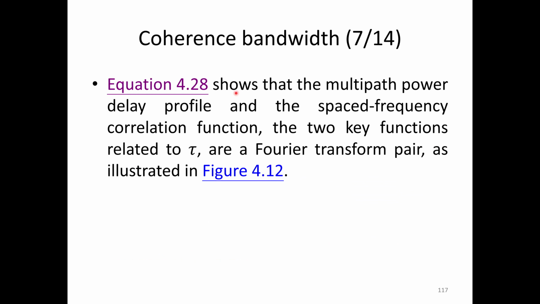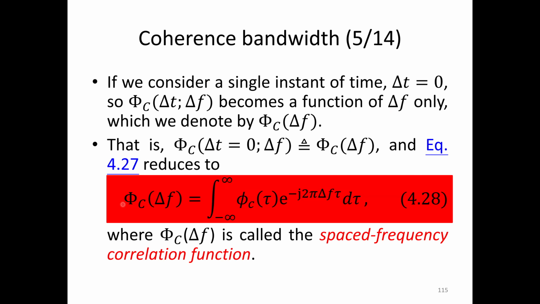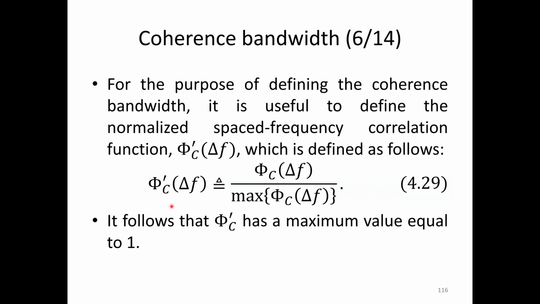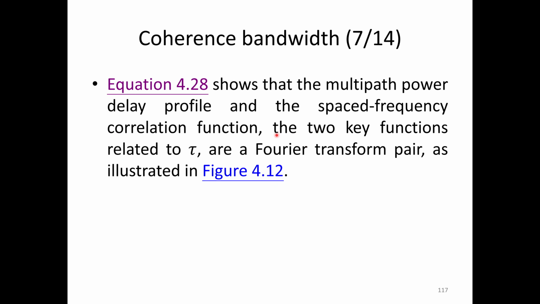So this equation shows that the multipath power delay profile, that is the small phi c of tau, and the spaced frequency correlation function, that is capital phi c of delta f, the two key functions related to tau, are a Fourier transform pair as illustrated in figure 4.12.